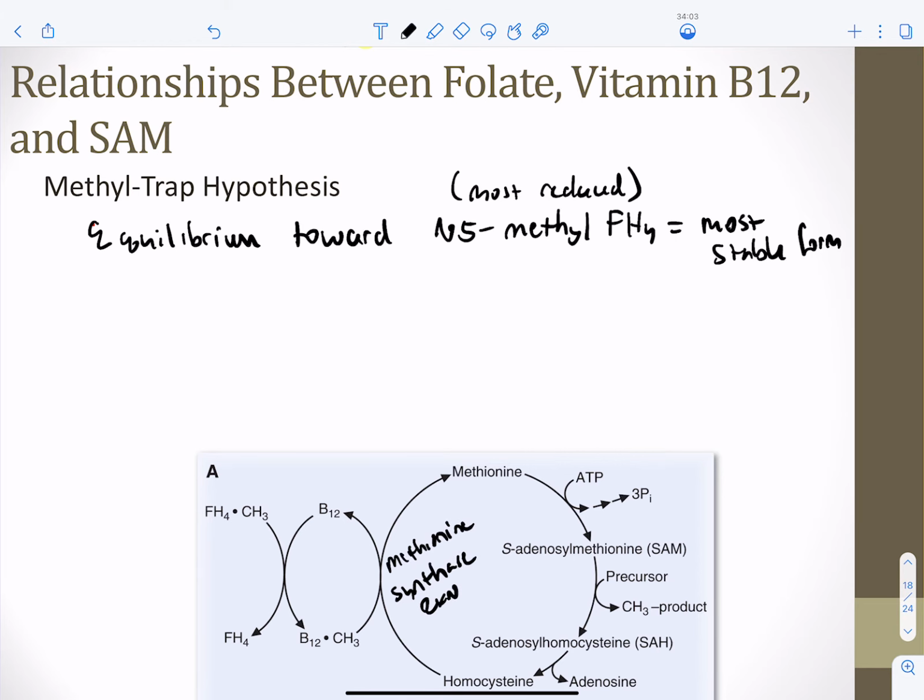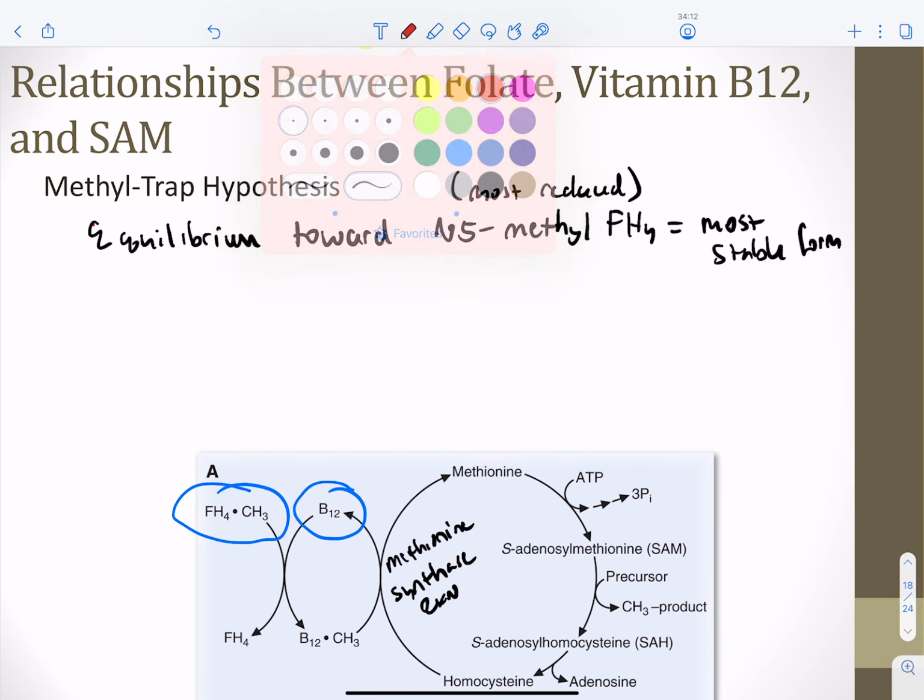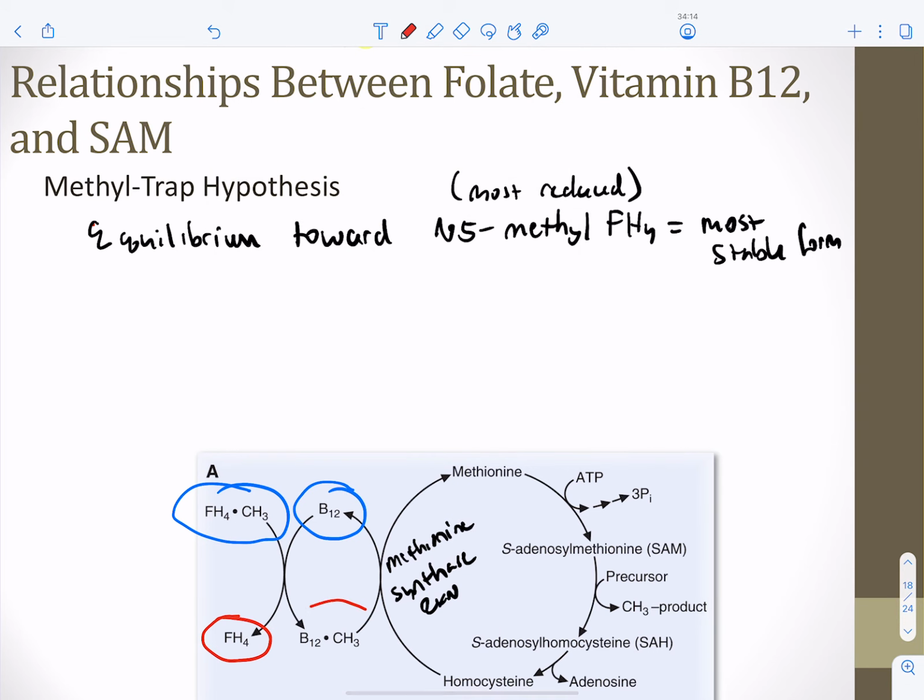Okay, so these are all interconnected. You have here your carbon that's going to be transferred to your vitamin B12. You're going to regenerate tetrahydrofolate. You're going to add that carbon to B12. B12 will donate that carbon to homocysteine, and then you're going to generate methionine.